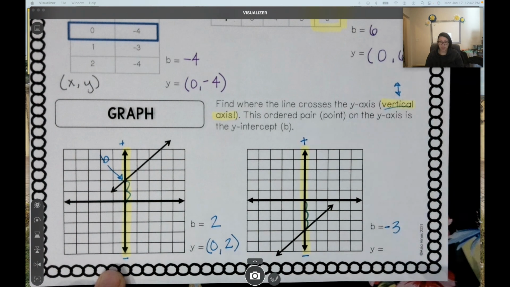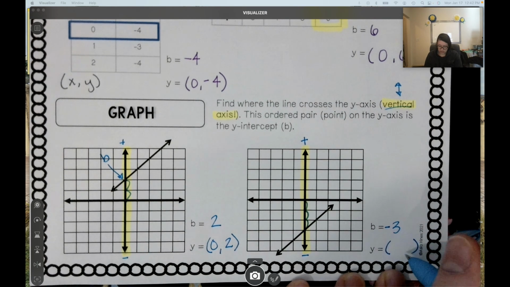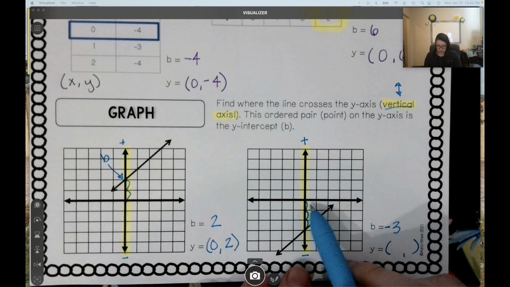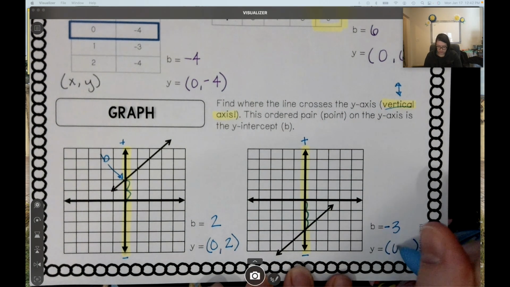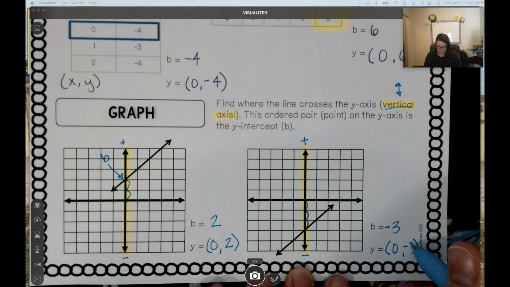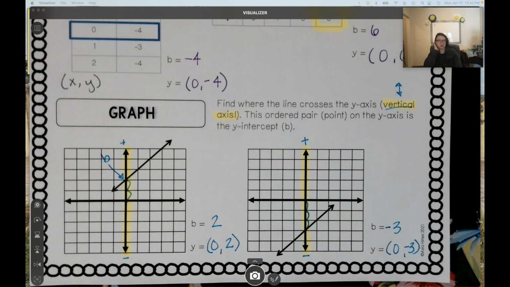If we go up, that's positive. Because we went down 3 from the origin, it's a negative 3. So our coordinate here would be our x. We don't go left or right, so it's just a 0. And then negative 3. 0 and negative 3 because we go down 3.